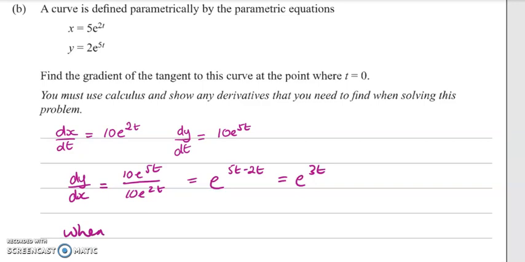So when t is 0, which is what we're trying to do for the question there, find the gradient of the tangent to this curve. So what's the gradient at t equals 0? dy by dx will be equal to e to the 0, which is just 1.